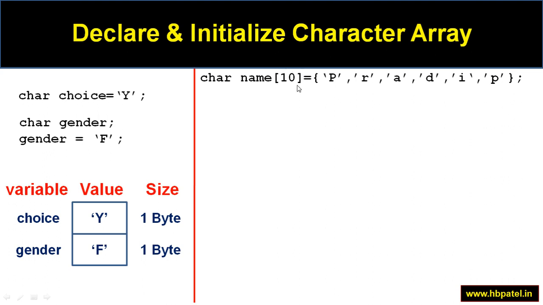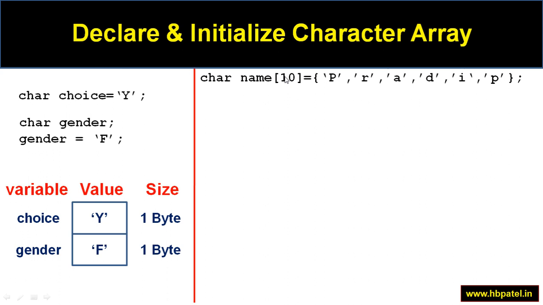We have already seen in our last two videos that an array can be declared using square brackets, and the number written inside the square brackets is the size of the array. So name is a character array having 10 elements starting from 0: name[0], name[1], name[2], all the way up to name[9].